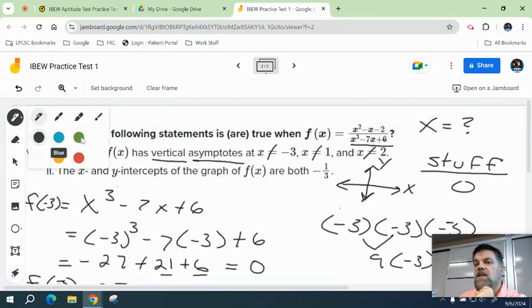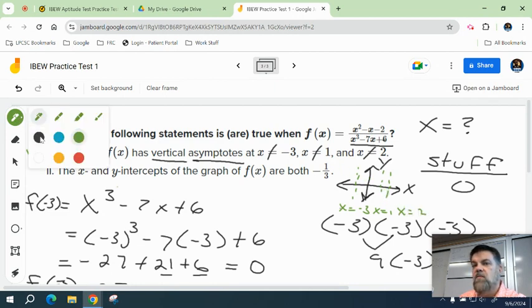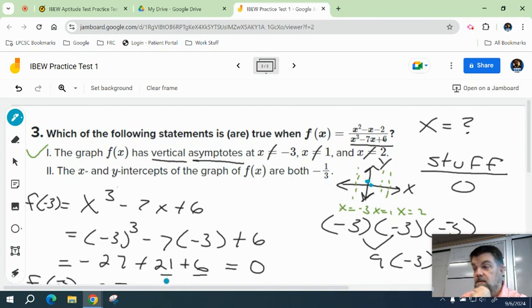We verified that at x equals -3 the graph won't cross here, at x equals 1 the graph won't cross here, and at x equals 2 the graph won't cross here. And then the second part is saying that here at 1/3 and 1/3, that's where the graph crosses. That's false.